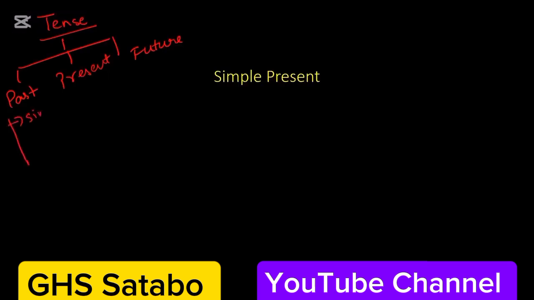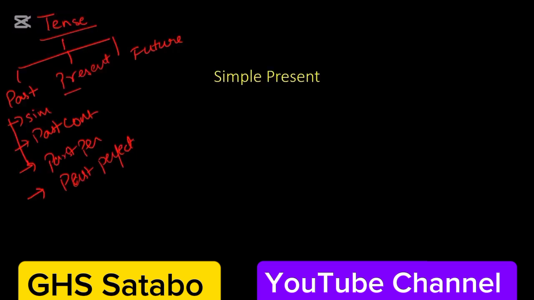Those are simple past, past continuous, past perfect, and past perfect continuous. The same goes for present tense and future tense respectively. So present tense will have simple present, present continuous, present perfect, and present perfect continuous. And the same goes for future tense.